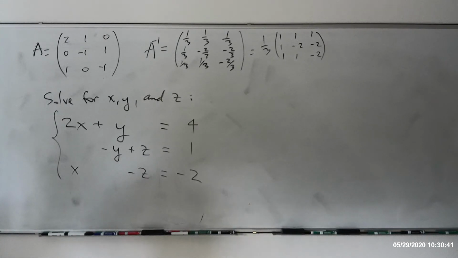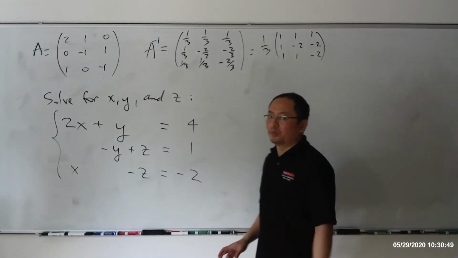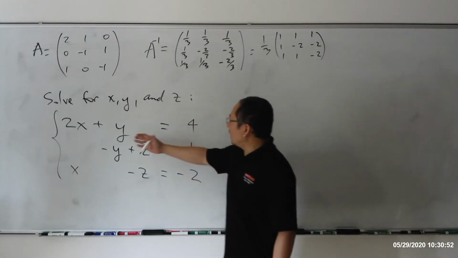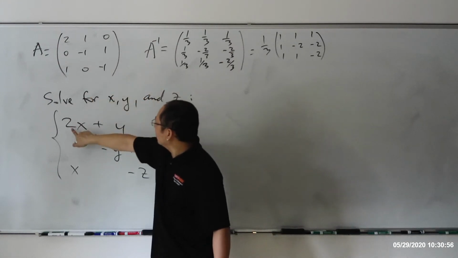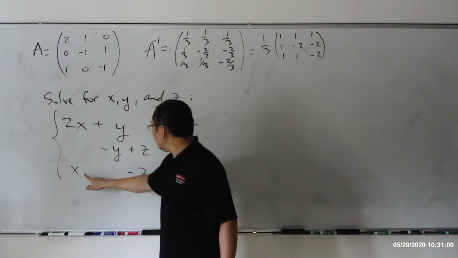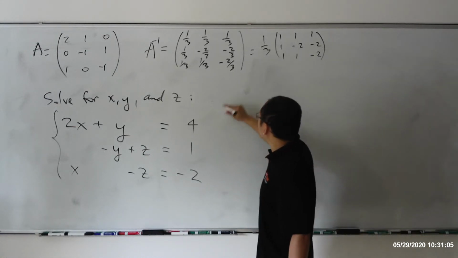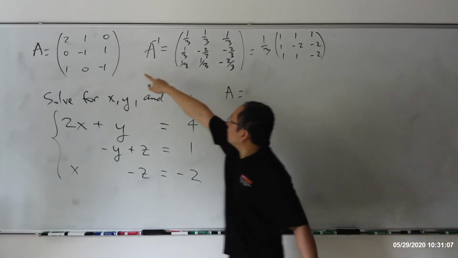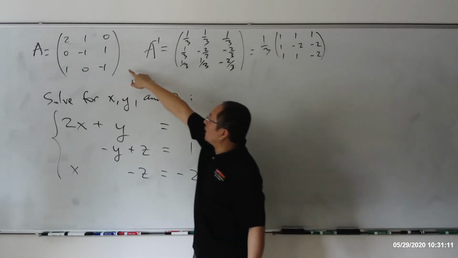Alright? Now, I'm going to convert that system of linear equation into matrix. But this time, it's going to be a little bit different than the augmented matrix that we learned before. Take a look at this one right here. Actually, I copied this. I use the matrix for it. Look, 2, 1, 0, right? 0, negative 1, 1, and 1, 0, negative 1 for x, y, and z. So if I call the matrix A equal to that one right here, A is right here, okay?